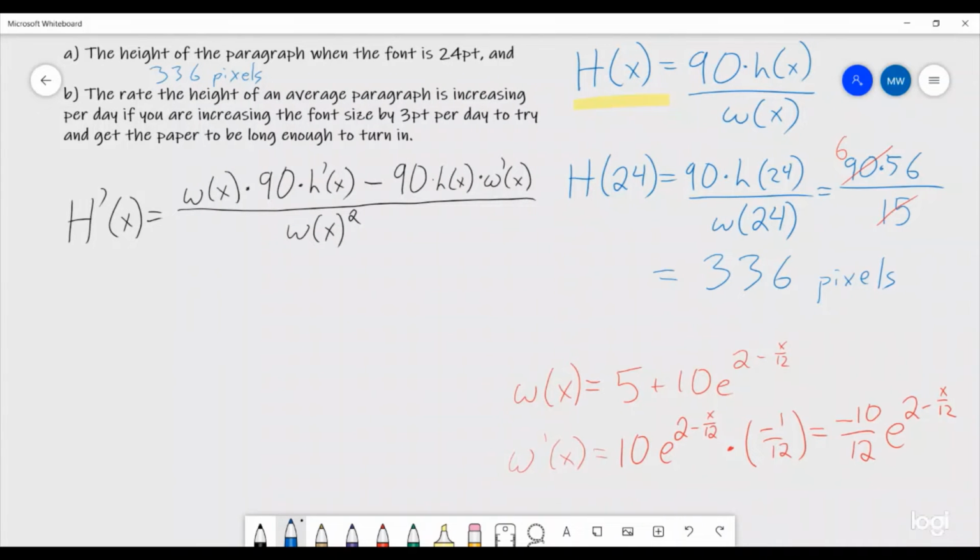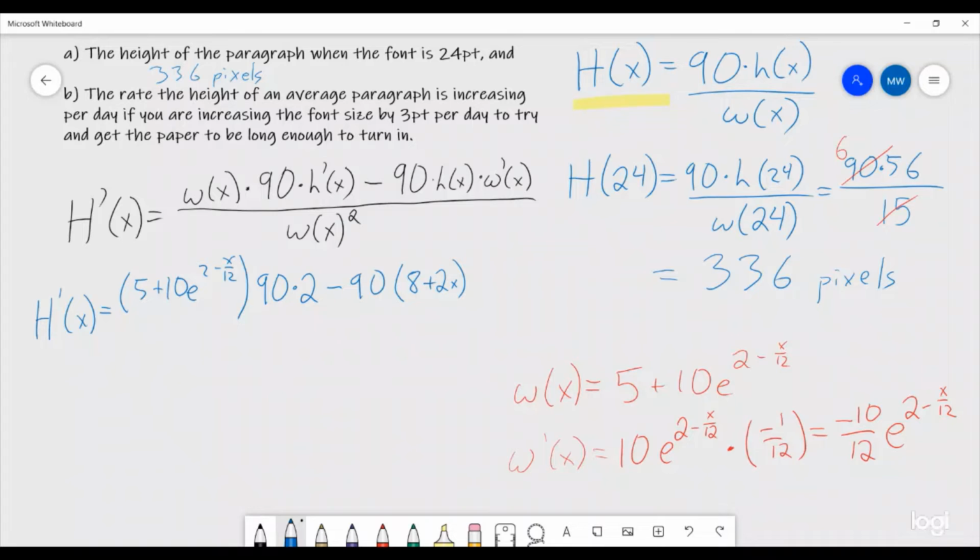So now we can plug in all the different pieces we know. So we know that h prime of x is going to be our width, 5 plus 10 e to the (2 minus x) over 12, times 90 times h prime, which was 2, minus 90 h of x, 8 plus 2x, times our derivative of our width. Well, that's this entire piece.